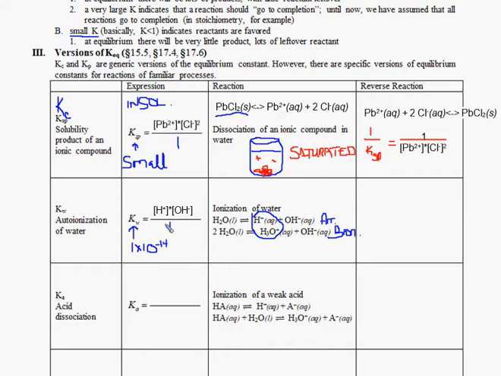Notice the denominator is a 1 because water is a liquid, so it does not get involved in being placed in the equilibrium expression. However, we also know that the Kw, anytime that you're at what would be considered room temperature, 25 degrees Celsius, is going to have a value of 1 times 10 to the negative 14th.